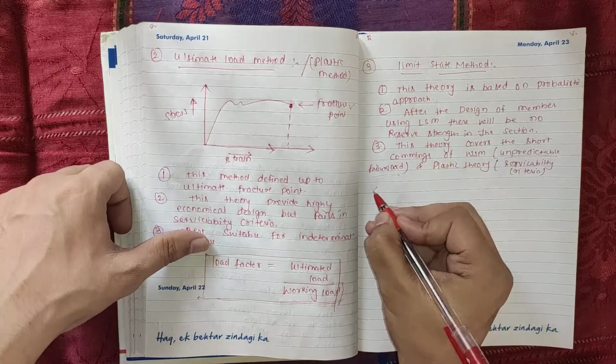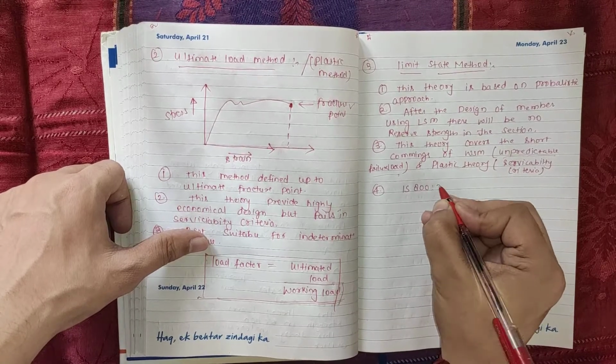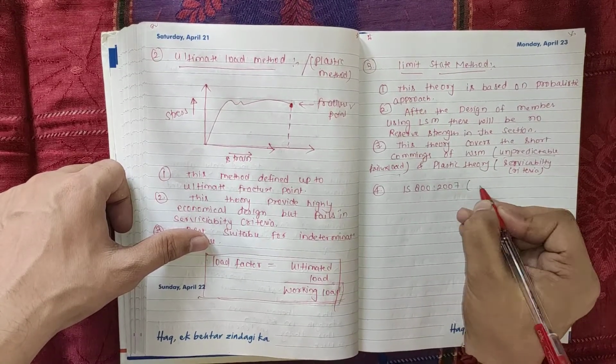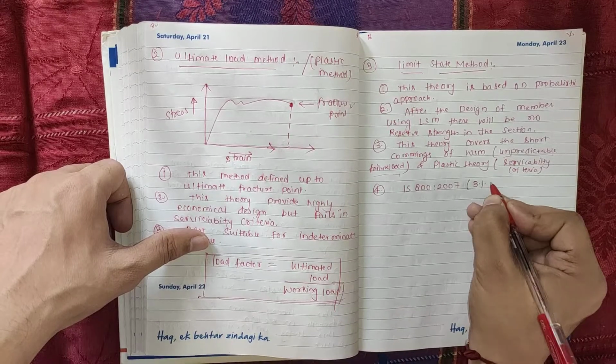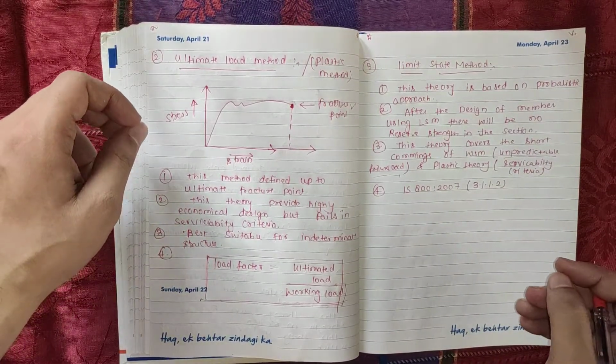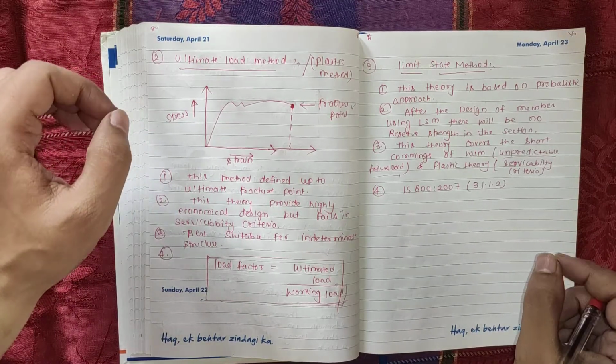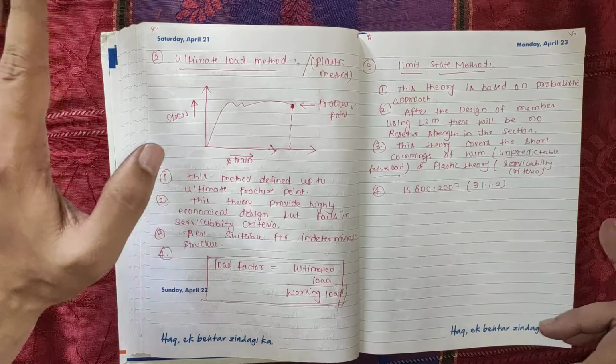But fourth point, in IS 800 2007 paragraph 3.1.1.2, the WSM method can be used if IS 800 2007 is not relevant for the structure.